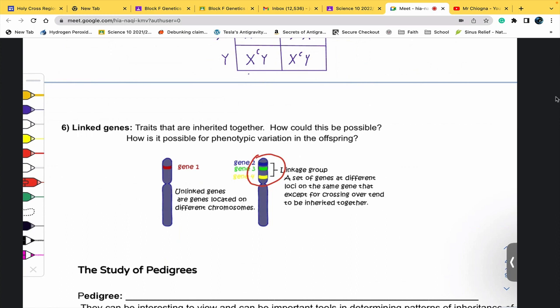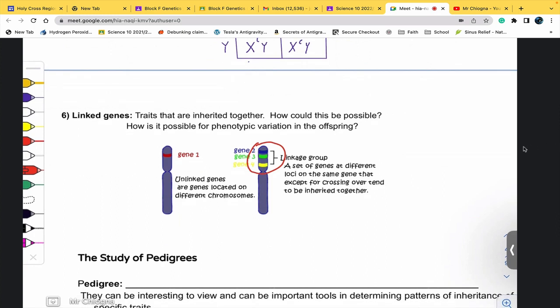I just circled an example here of linked genes. It says here it's a set of genes at different loci, different locations, on the same chromosome that, except for crossing over, tend to be inherited together. So in this case, three linked genes physically tend to stay together unless crossing over occurs.